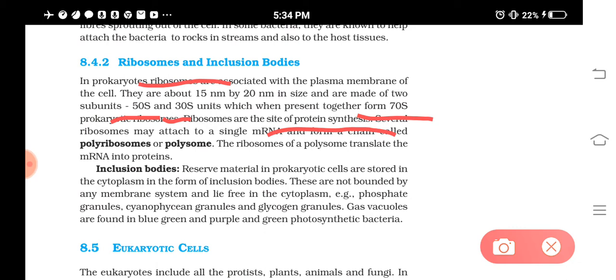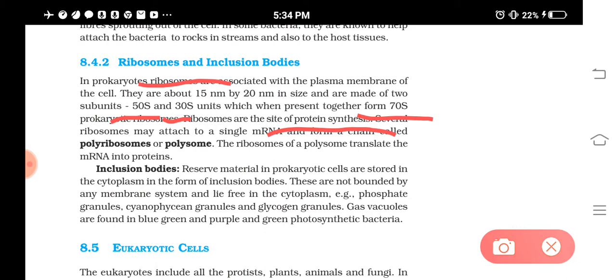When they combine together, you can see 50 plus 30 is 80, but it is condensed to form what? 70S. Understood? And this is different from the 80S. In eukaryotes, the ribosomes are of 80S, and in prokaryotes it is 70S, with the larger subunit of 50S and the smaller subunit of 30S.